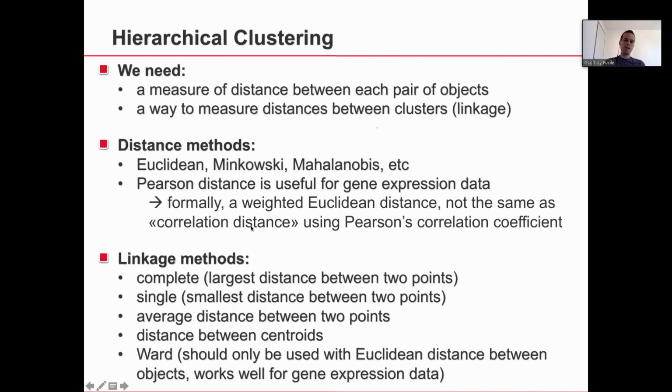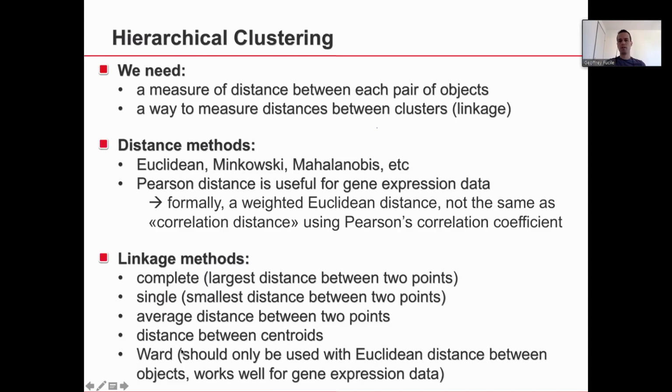There's a bunch of different ways to do this mathematically. There's different types of distances and different types of linkage. Linkage is how we stick groups together. Don't worry about it too much. The short message is that for gene expression data, this Pearson distance, which is not identical to Pearson correlation, works well for RNA-seq data for distances. And then we generally use this Ward algorithm for connecting the groups together.